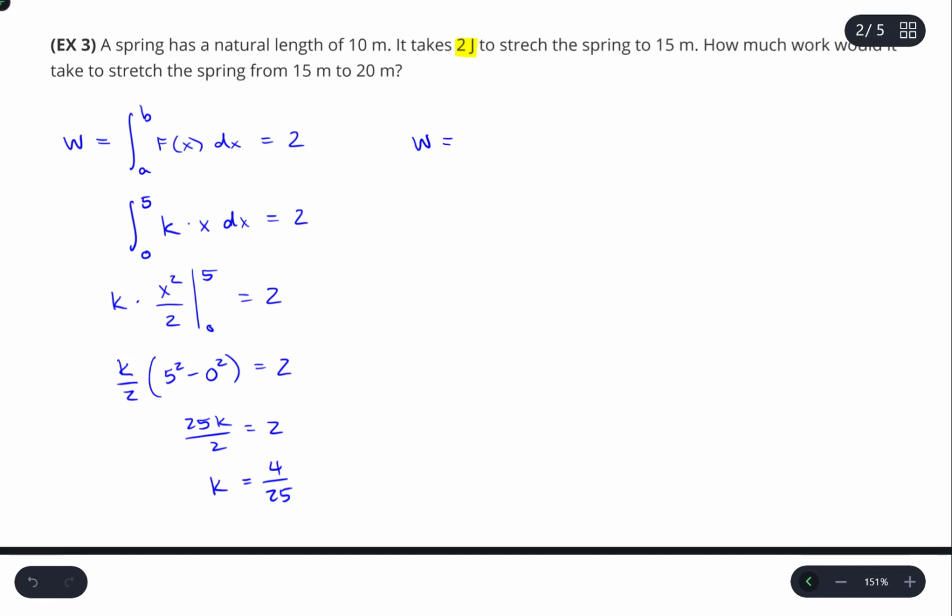All right, so that amount of work in stretching from 15 meters to 20 meters, and keep in mind, rest is 10 meters, so this would be from 5 meters beyond rest to 10 meters beyond rest. The integral of k, which is 4 over 25, times x dx.